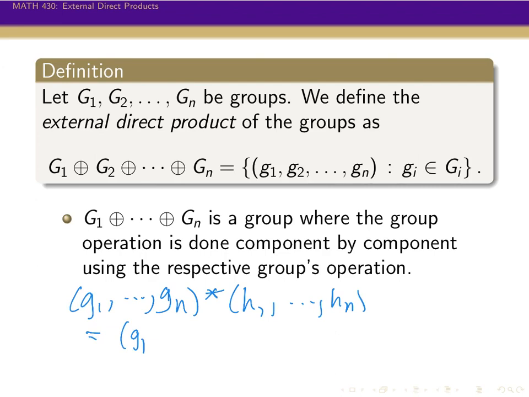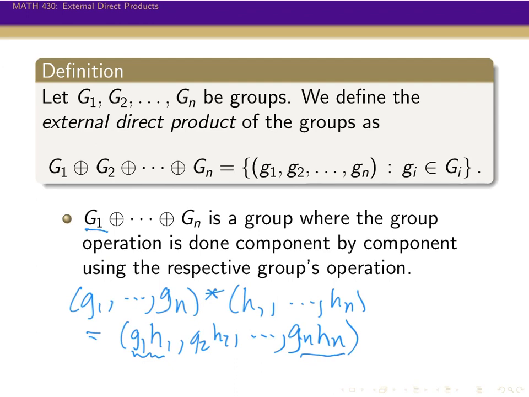So G1 and H1 are both in big G1, so we can talk about G1 H1, G2 H2, etc., Gn Hn, where this combining of G1 and H1 in the first slot is done according to G1's group operation. The combination of G2 and H2 in the second slot is done according to G2's group operation, all the way down to the combination of Gn, Hn in the last slot, which is done according to Gn's operation.